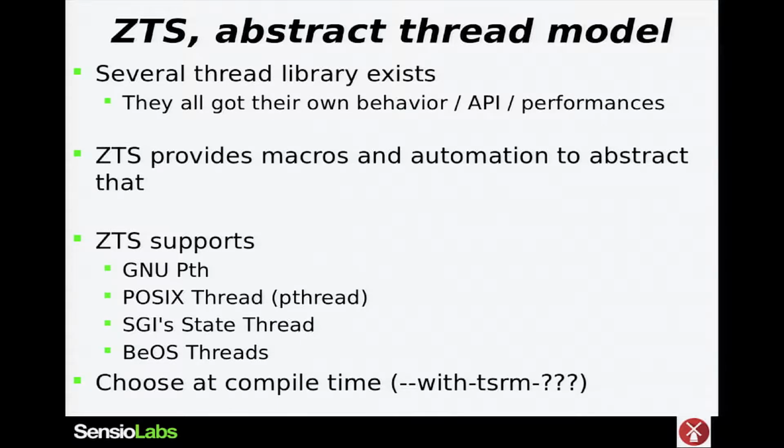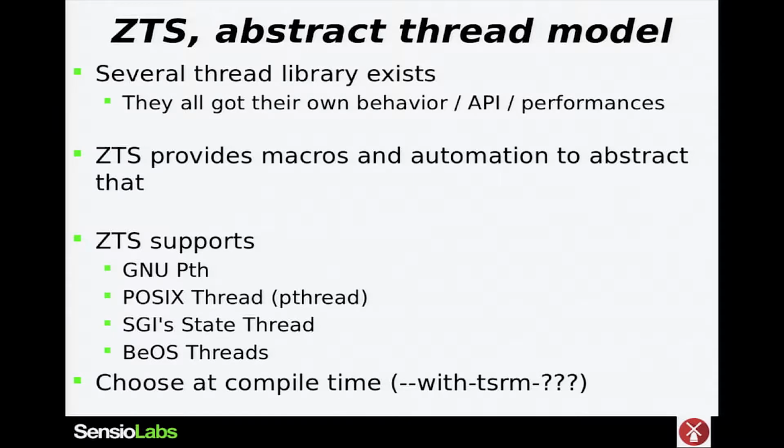And usually, nowadays, the most commonly used one is called Pthread, which stands for POSIX thread. It's a library which respects the POSIX standard, okay? But you have several other libraries which are less used on average, but you still can use them.